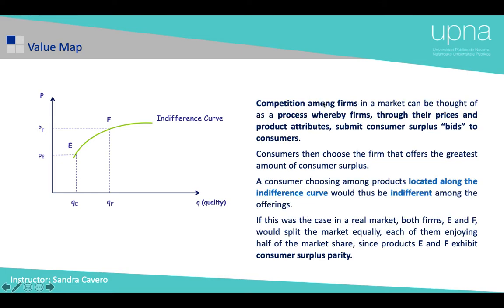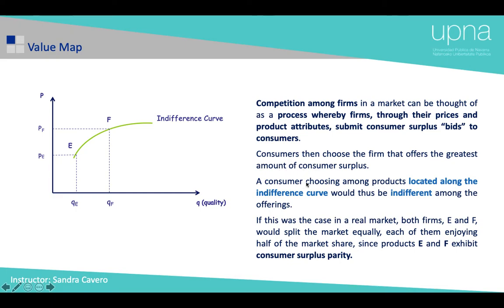Competition among firms in a market, as we have already said, can be thought of as a process whereby firms, through their prices and product quality attributes, submit consumer surplus bids to consumers. So consumers then choose the firm that offers the greatest amount of consumer surplus.